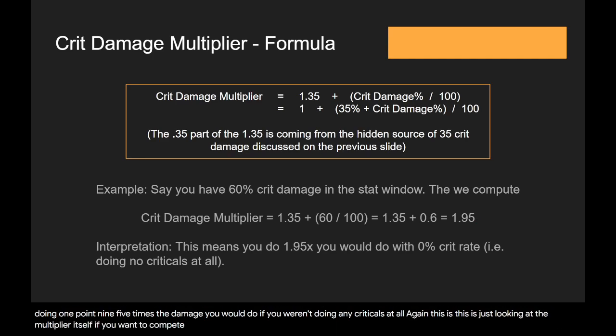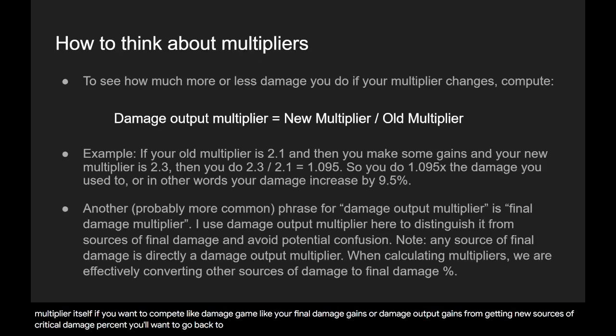If you want to compute your final damage gains or damage output gains from getting new sources of critical damage percent, you'll want to go back to this here where we talked about how to compute your damage output changing.